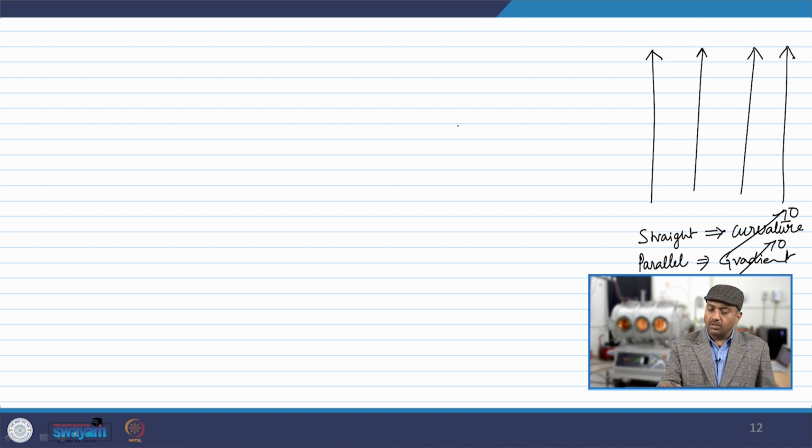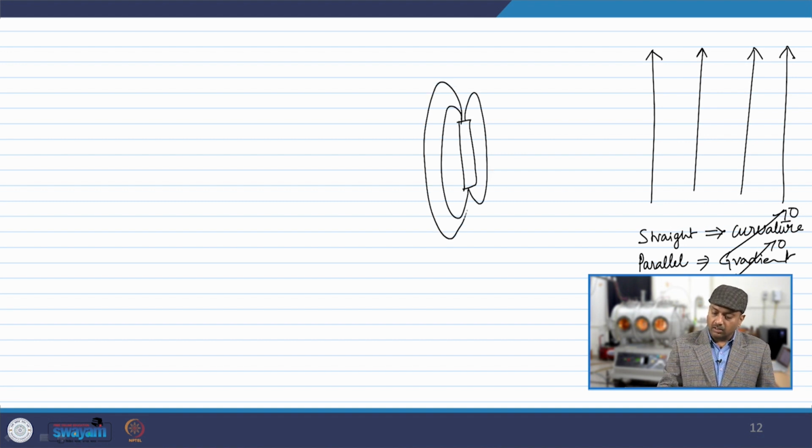Generally, if you take a bar magnet, the magnetic field lines will converge and diverge at the poles, creating something like this. We know this very well, right.